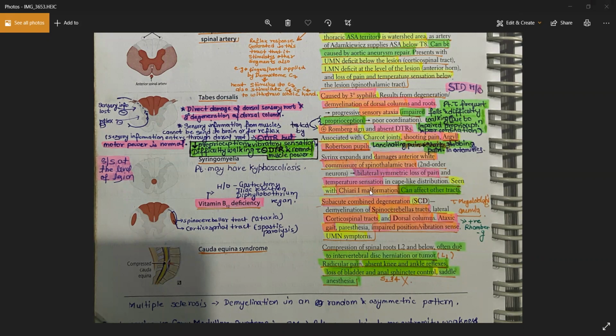It is generally seen in Chiari malformation 1. And what condition is associated with Chiari malformation 2? Myelomeningocele. Good. And what condition is associated with Dandy-Walker malformation? Non-communicating hydrocephalus. Yeah, that would be present with any of these disorders.